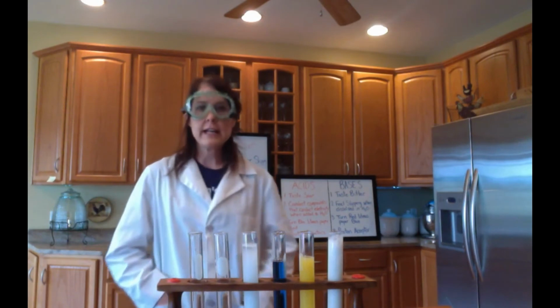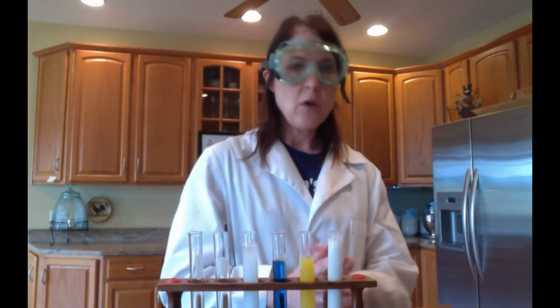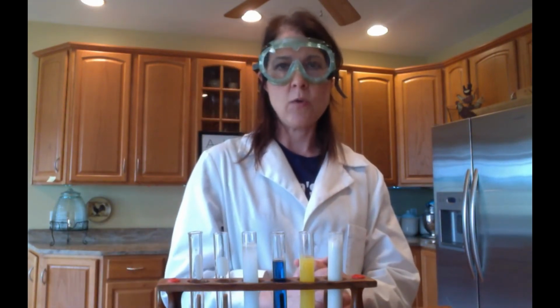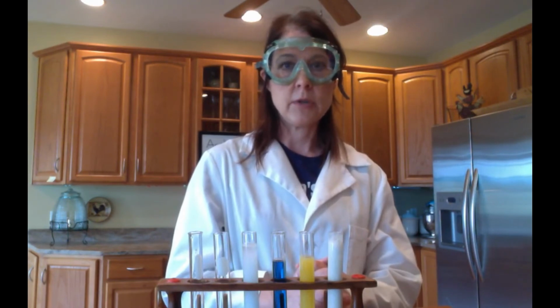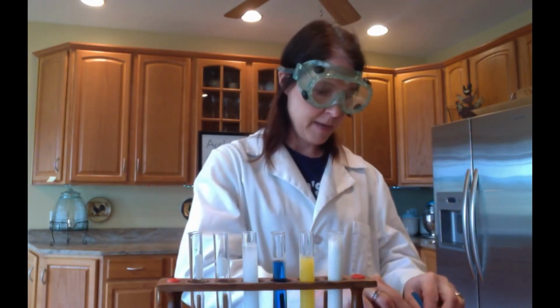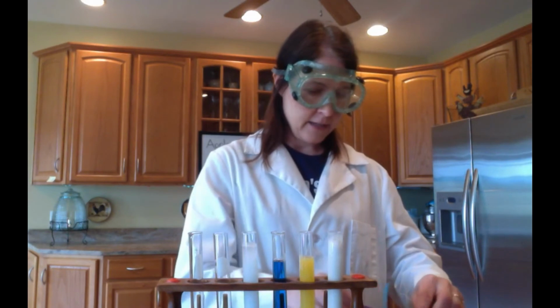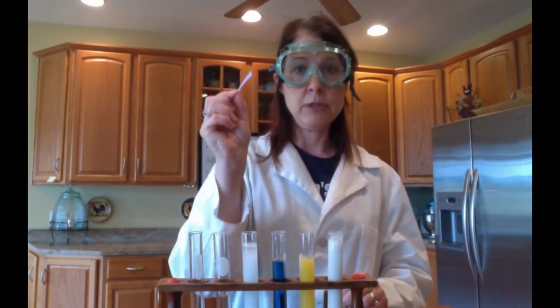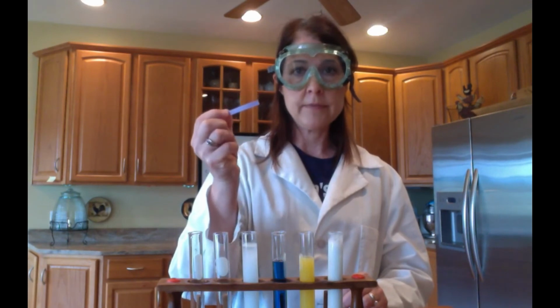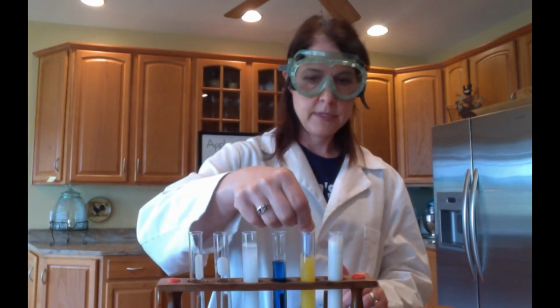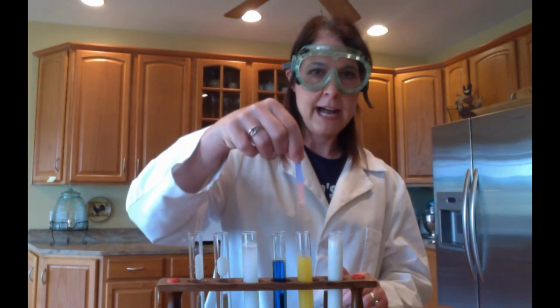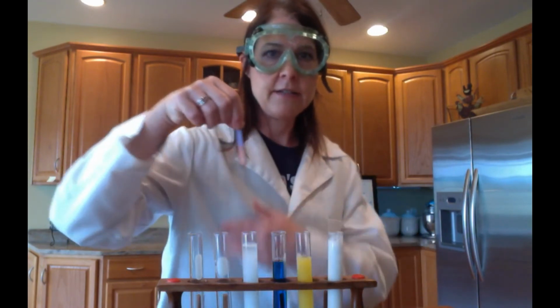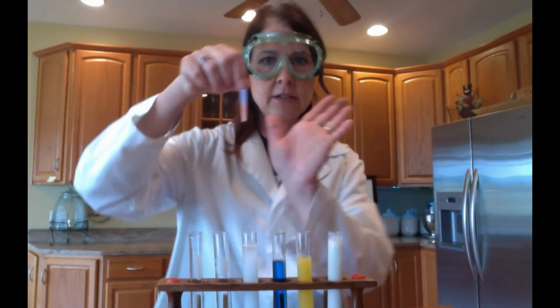So let's go ahead and confirm our suspicion. What color litmus paper should we test the orange juice with? Okay, we're going to test blue litmus paper. And when we put it in the orange juice, if it is an acid, it will turn the blue litmus paper what color? Red. So I slip it in there and pull it out, and that is very easy to see the color change.